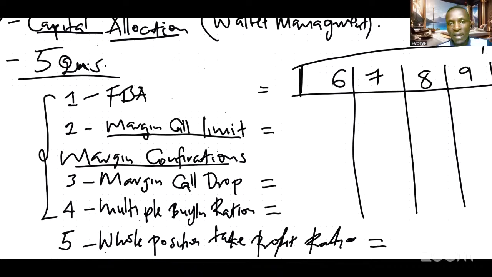So we have identified that our capital is, let's say, $1,000, as I've said already. And we want to have the margin call. What determines the number of margin calls is basically the margin call drop. Don't get confused. Let me just do this for you.